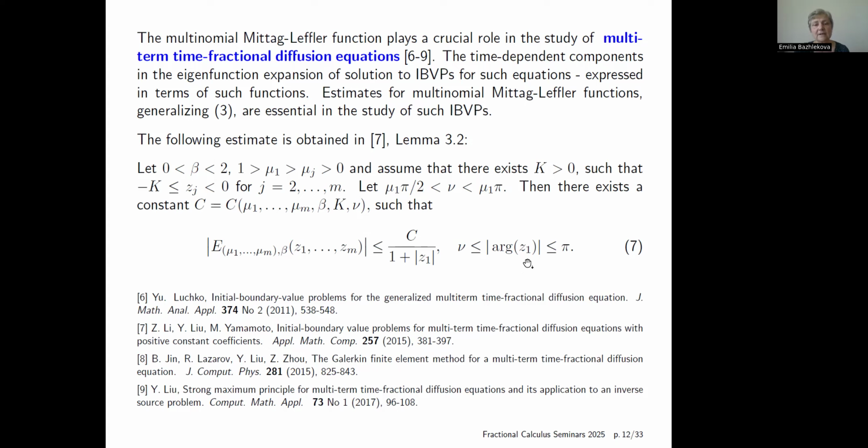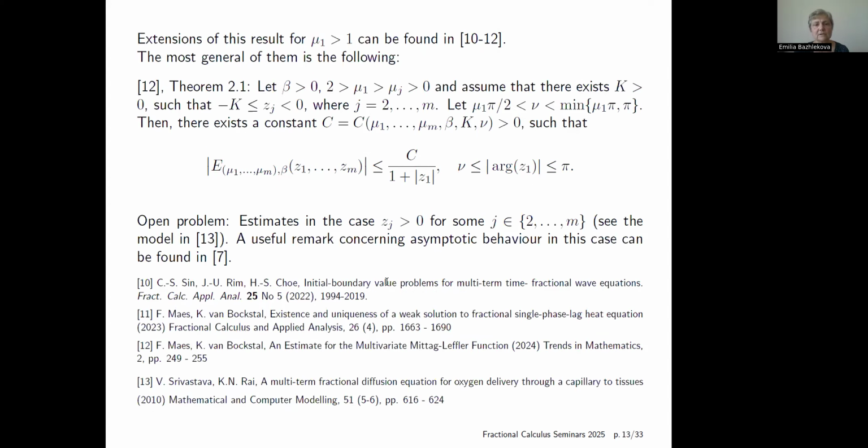And for the rest of the variables, it's supposed that they are negative and bounded. And this estimate is obtained. It's very useful, and it is later generalized for the functions with fewer restrictions on the parameters. In these works some generalizations are given.